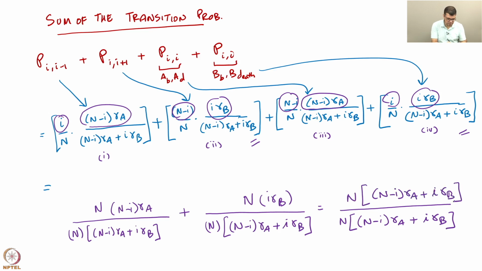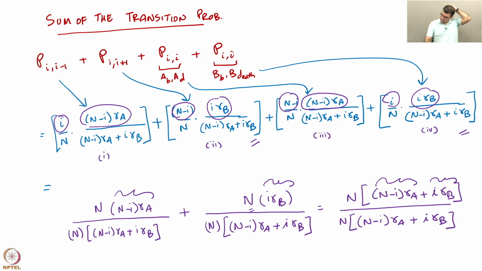What is left from the first term after I take n out is n minus I times Ra, which is this, and when I take n common from the second term, what is left is I times Rb, which is this. So, this is the final sum of all these 4 transition probabilities that I have.